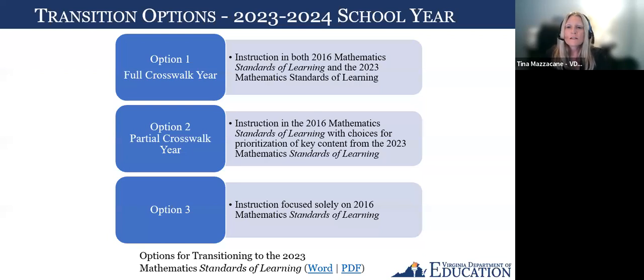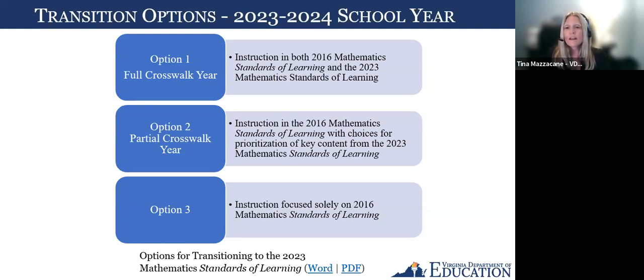The first option is what we would consider a full crosswalk year. That would mean that students would receive instruction not only in the 2016 Mathematics Standards of Learning, but with full implementation of the 2023 standards, kind of intertwined with those 2016 standards. In option 2, a partial crosswalk year, students would receive instruction in the 2016 standards as their primary focus, but then some of the 2023 Mathematics Standards of Learning would be folded in based upon the choices of the division for how they're going to prioritize their key content.